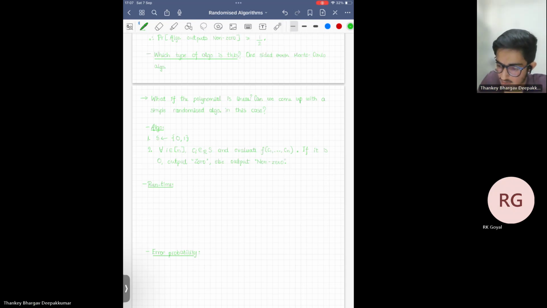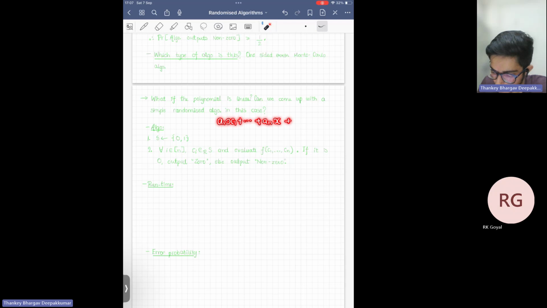My c1 to cn are just the random values that I pick. They are not the coefficients of the polynomial. The polynomial is this. I think this was causing the confusion: I wrote an as the coefficients and then used an as random values. So what I'm doing is this: if my coefficients are a1 to an, I am picking ci's and plugging the ci's over here.